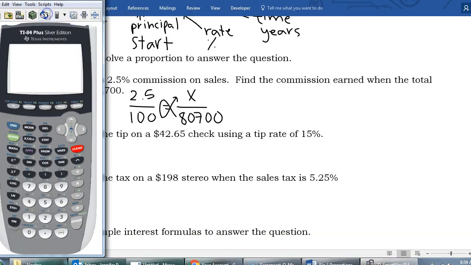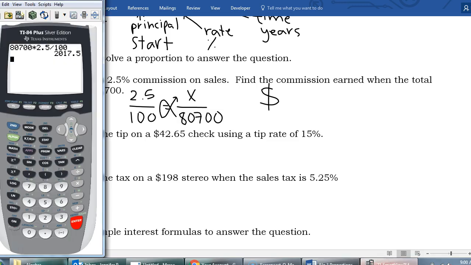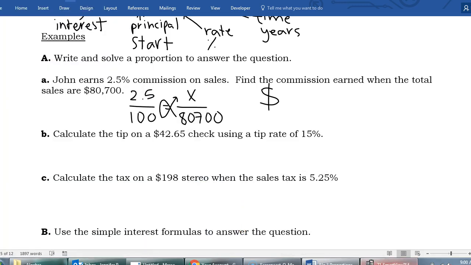Let's get rid of that and that. We're going to do 80,700 times 2.5 divided by 100, and that tells us that John earns $2,017.50 for his sale.